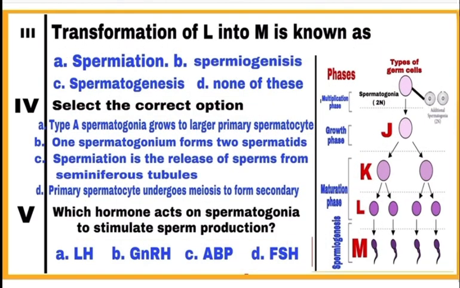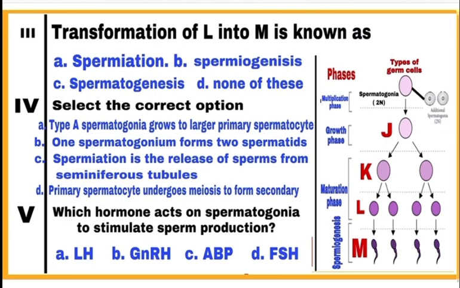Question 3. Transformation of spermatids L into sperms M is called as spermiogenesis. So, mark B as a correct answer. Question 4. Select the correct option. Out of 4 given options, option C is correct.